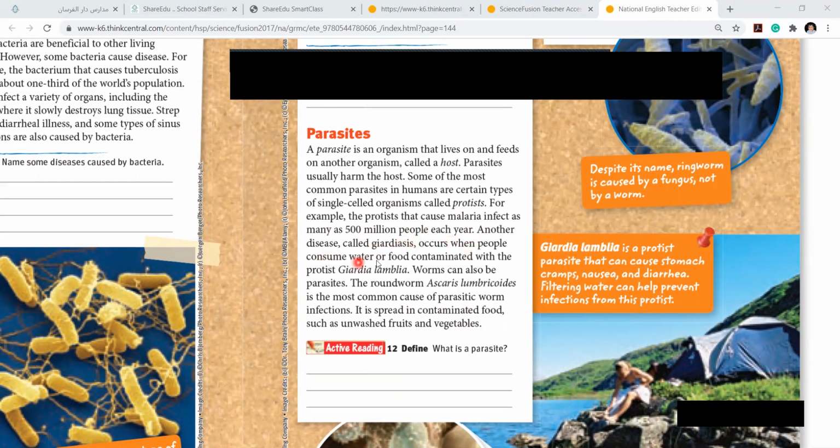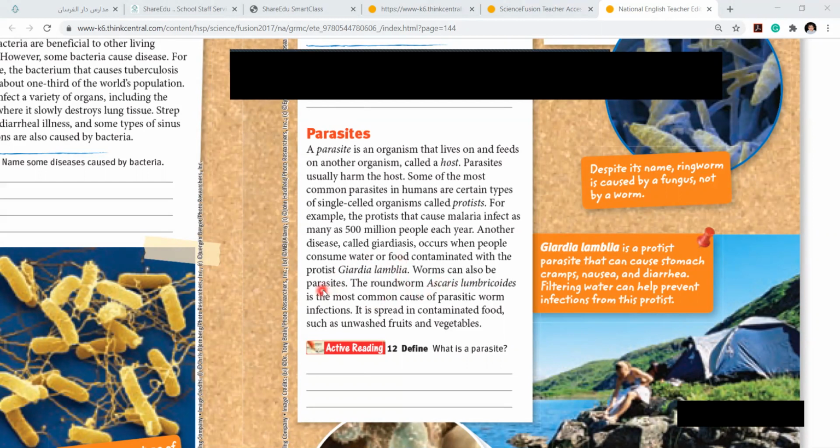Another disease called giardiasis occurs when people consume water or food contaminated with a protist called Giardia. Giardia is the name of the protist that enters into water and food, and that gets contaminated, and we indirectly get infected with that.